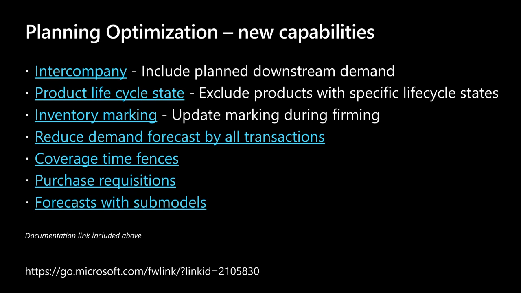And lately we have released the coverage time fence. Prior to that, planning optimization would include any demand and supply when calculating the plan, regardless of the timing. So even though it was 5 or 10 years out, it would be included.